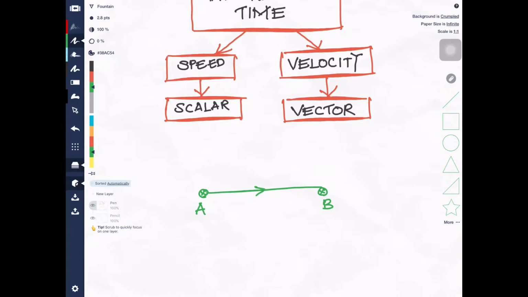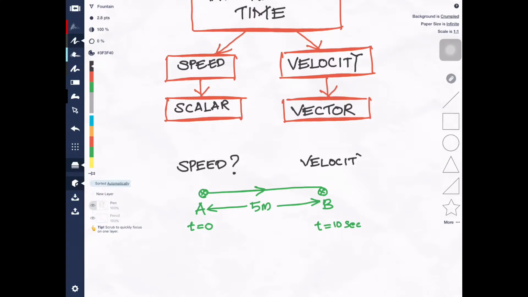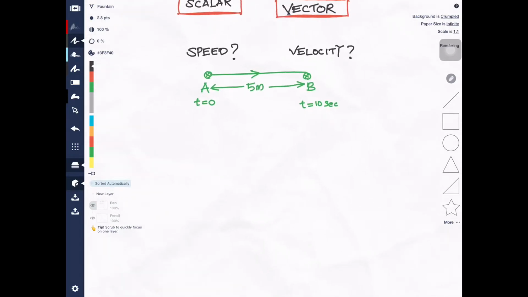In case 1, we have two different positions A and B at a distance of 5 meters. The distance from A to B is a straight line, and the time an object takes to change position from A to B is 10 seconds, meaning t is equal to 0 at position A and t is equal to 10 seconds at position B. We might have used a stopwatch to measure the time.